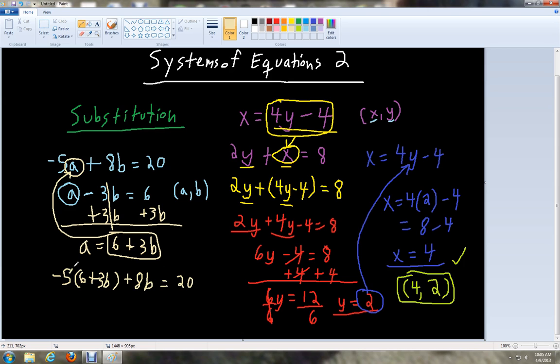And then we can use the distributive property. Negative 5 times 6 is negative 30. And negative 5 times 3b is minus 15b, plus 8b equals 20.